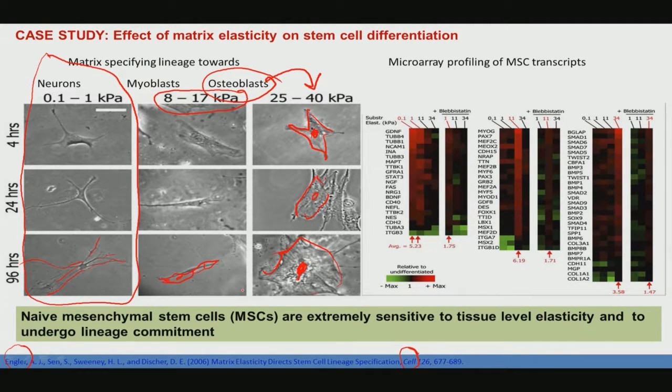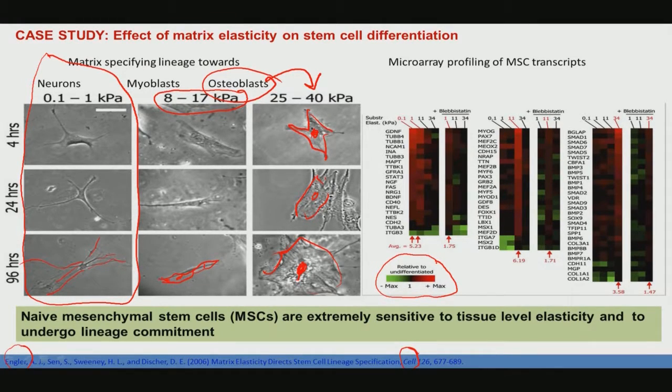This is a classical case for osteocytes or mature osteoblasts. Now, these things are also mentioned here, in the different genes that they used, and they also used some housekeeping genes. The different colors essentially show the quantitative extent, relative to the undifferentiated cell types, of whether it is up regulated or down regulated. So, essentially, naive mesenchymal stem cells are extremely sensitive to tissue level elasticity to undergo lineage commitment.